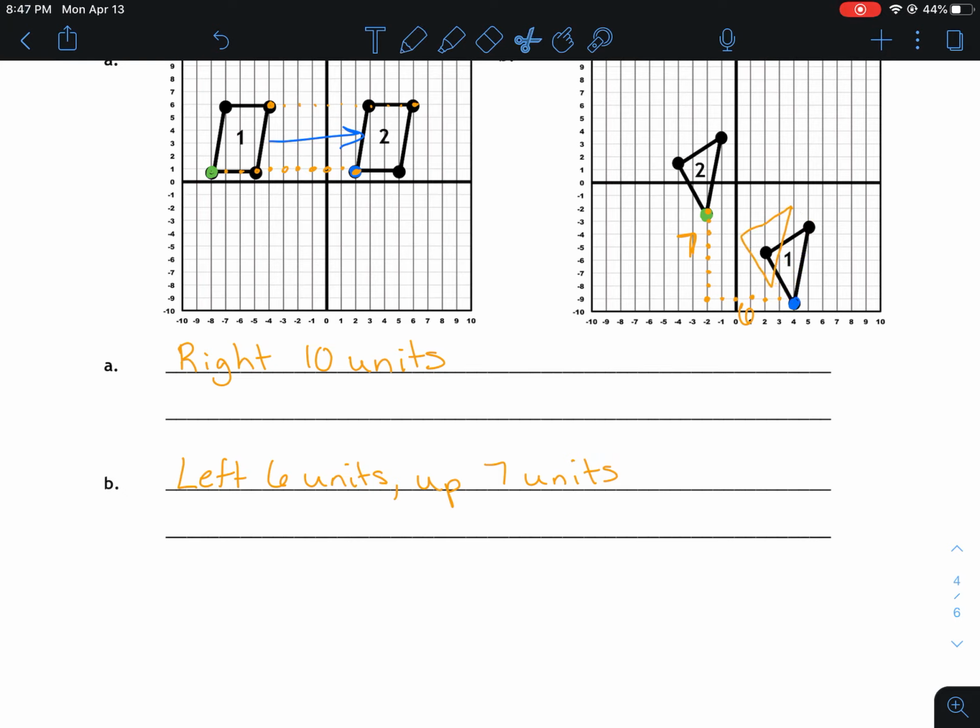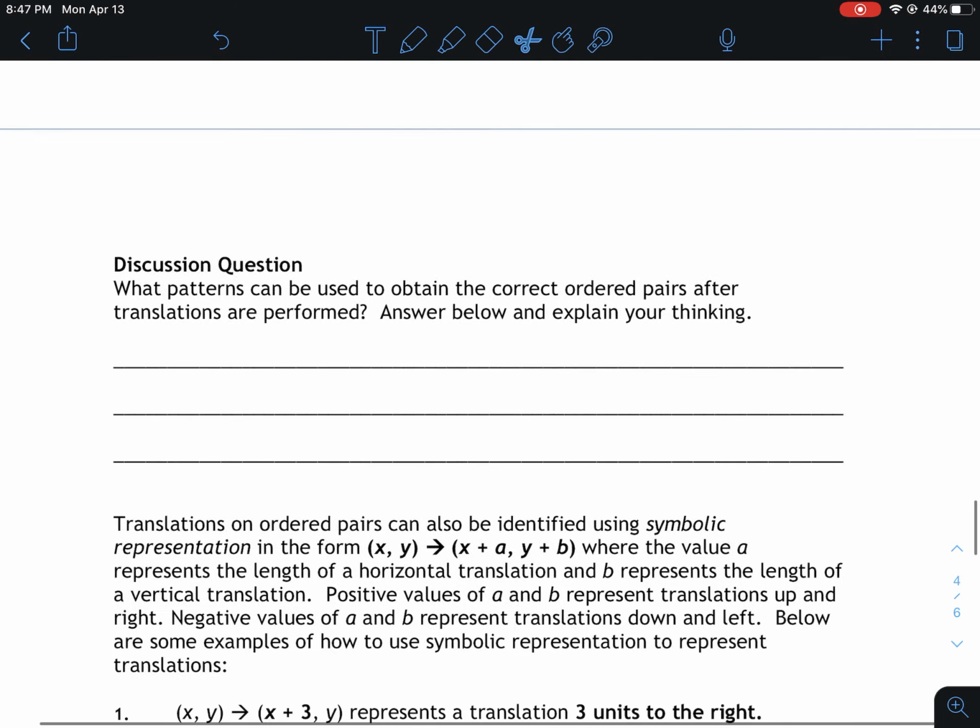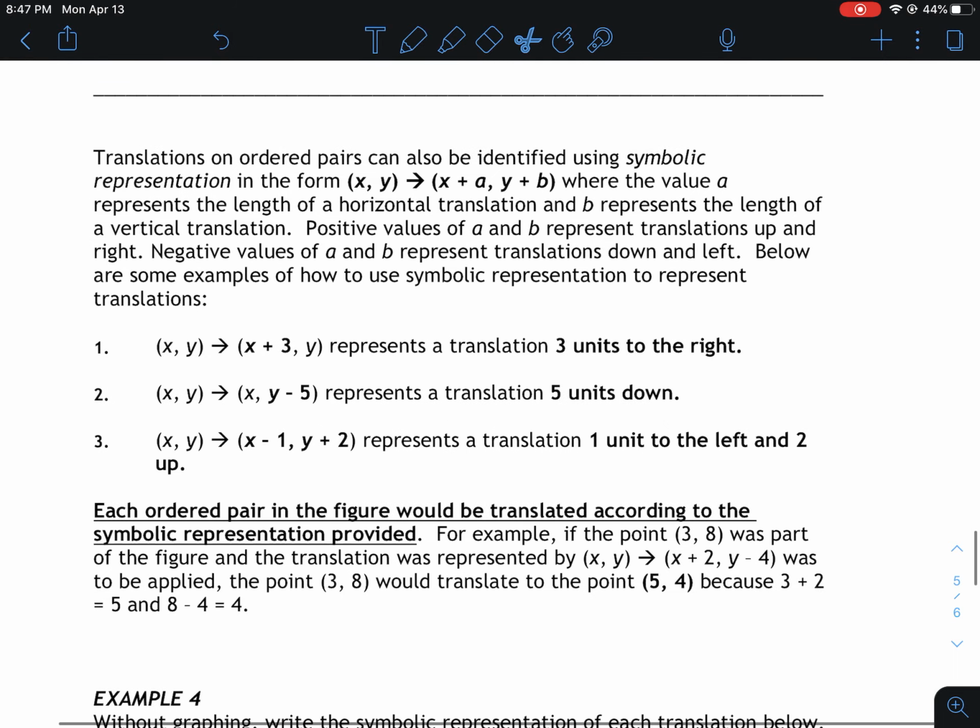And then if I pull it over, I go over 6 and I go up 7. See how they are the exact same size, exact same shape. The only difference is that it was up 7 and to the left 6. Okay. So that is what that discussion question is talking about.